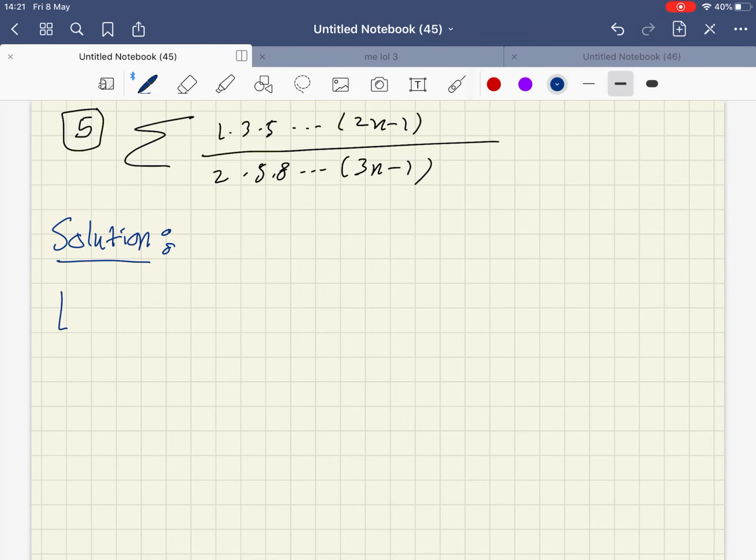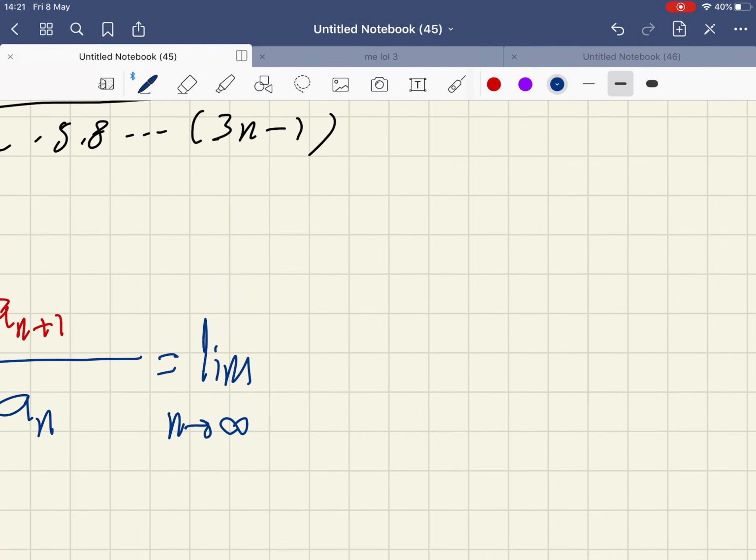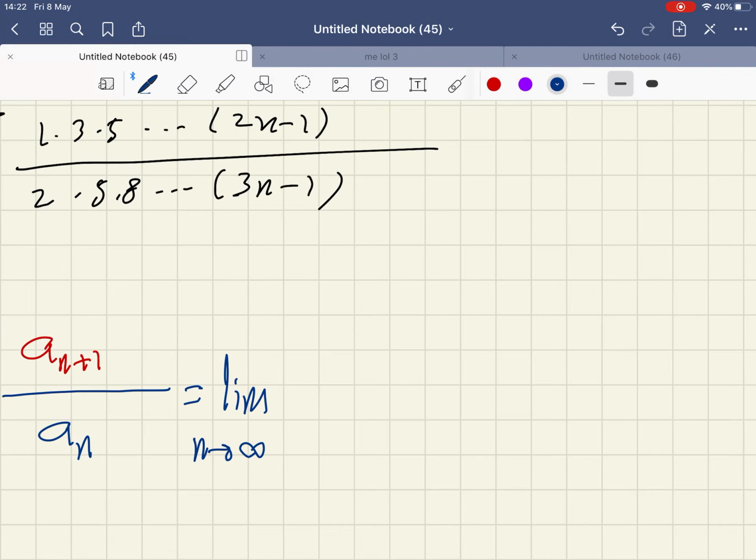So I need to find L, which is the limit as n goes to infinity of a_(n+1) over a_n. At the top you need to write everything similar to the one that is down, but you just change n into n plus 1. So let's please focus with me on this one. What is a_n?